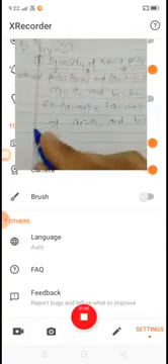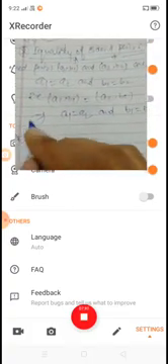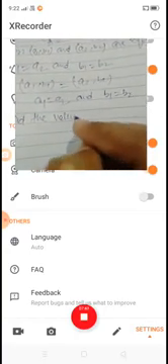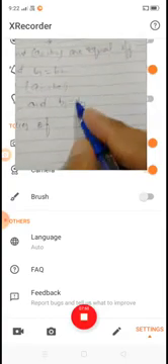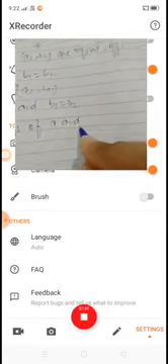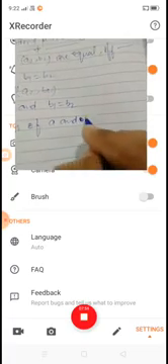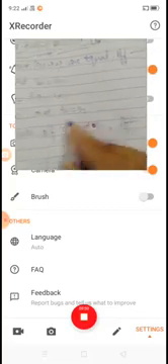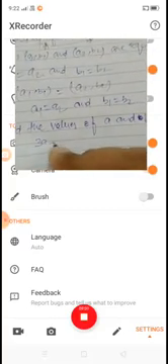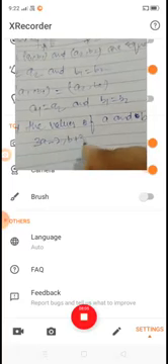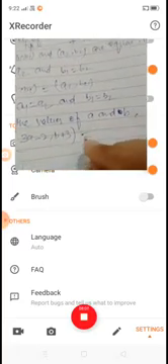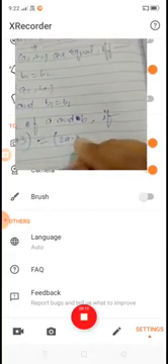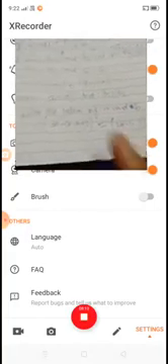Let's take an example. Find the values of a and b if (3a minus 2, b plus 3) equals (2a minus 1, 3). Now let's solve it.